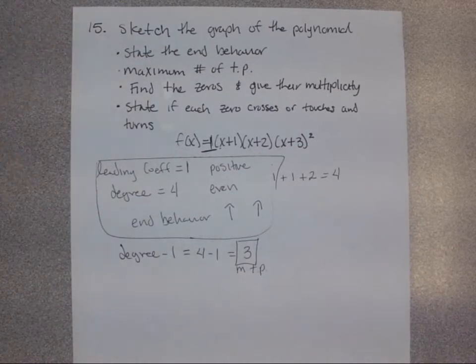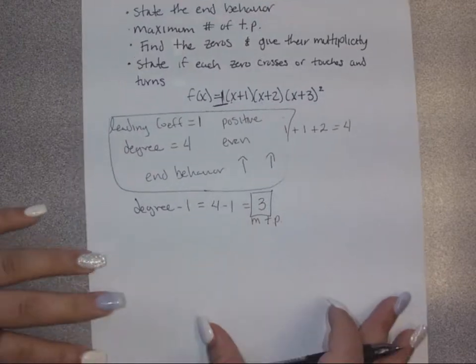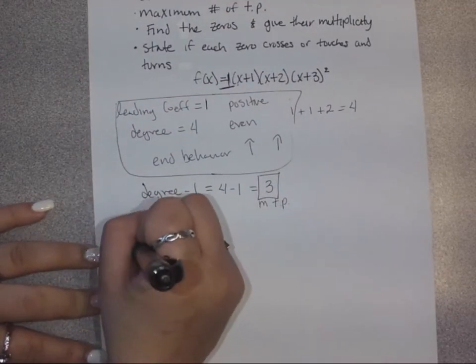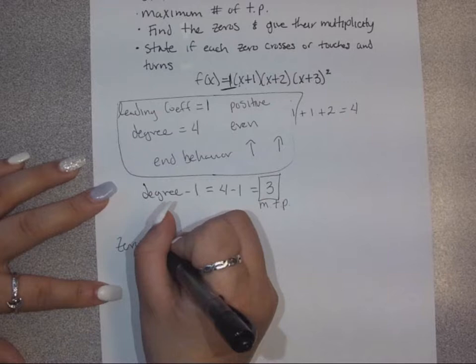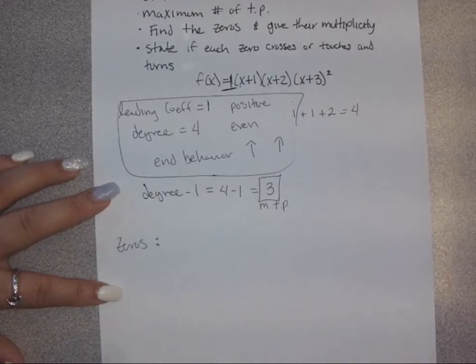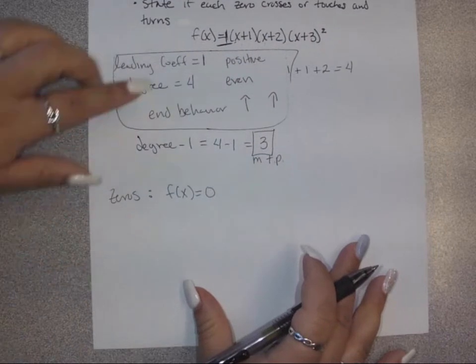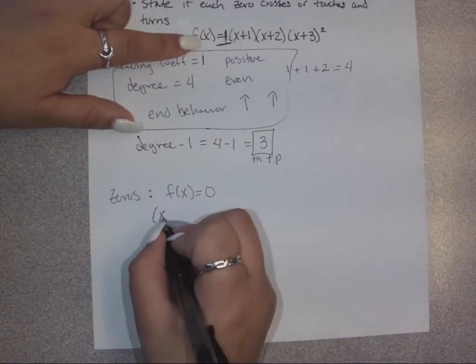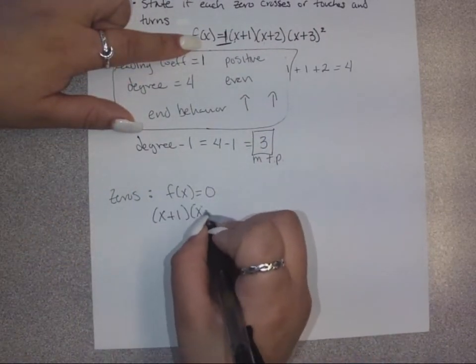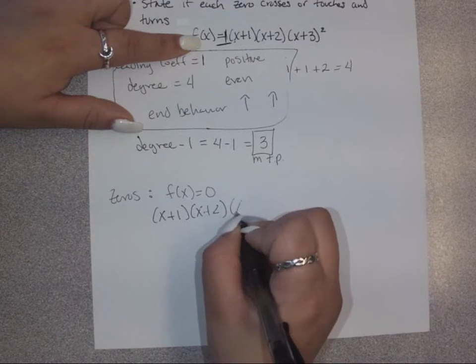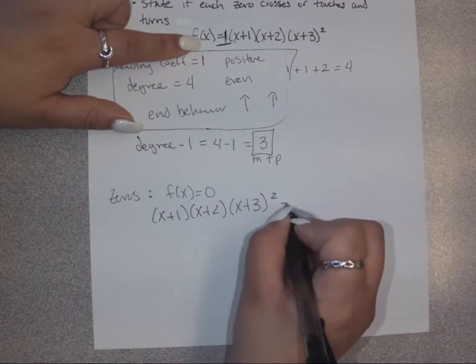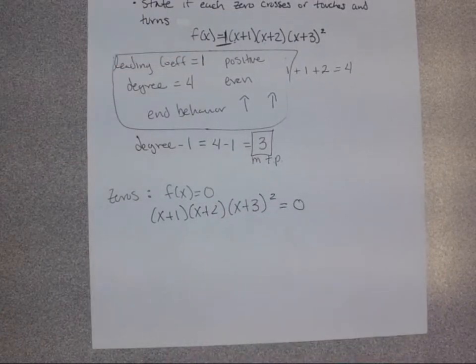So now we need to identify our zeros. Remember, zeros is just another word for your x-intercepts. In order to find your zeros, you take your function and you set it equal to 0. So we're going to take (x plus 1) times (x plus 2) times (x plus 3) squared, and we're going to set it equal to 0.